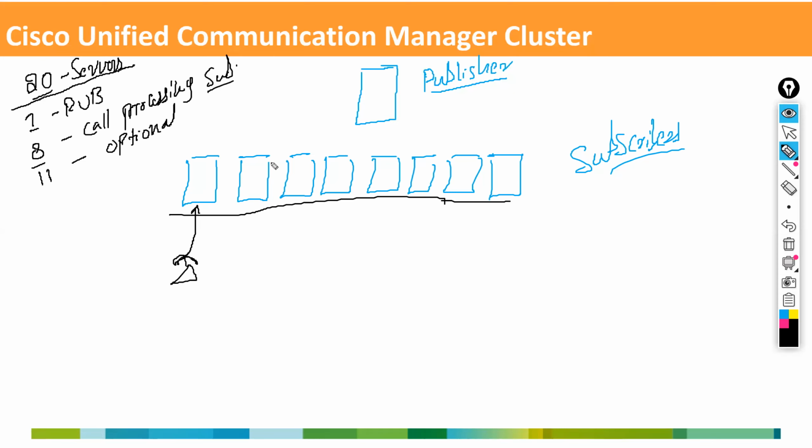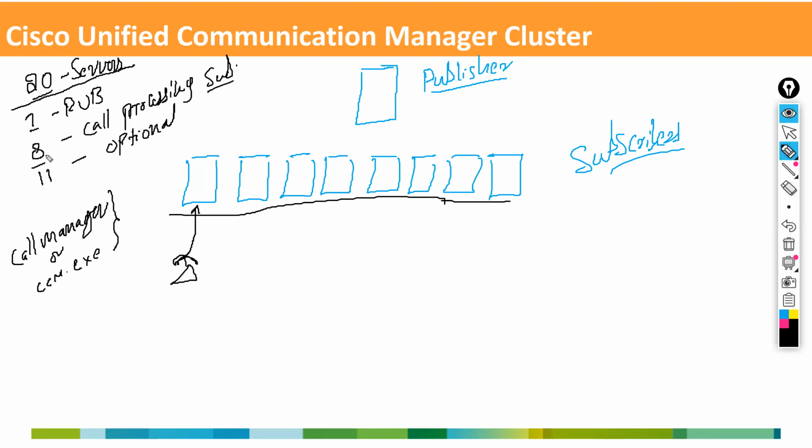We have one service called Call Manager. Call Manager is a service name, or you can also call it CCM.exe, Cisco Call Manager. This is the service. The server on which you activate this service will act as the call processing server.